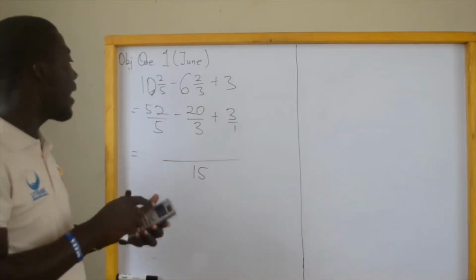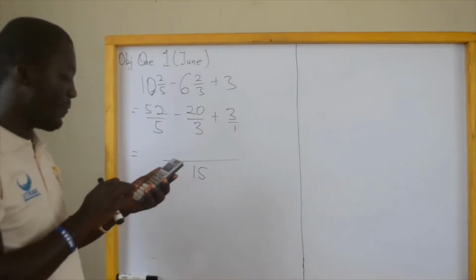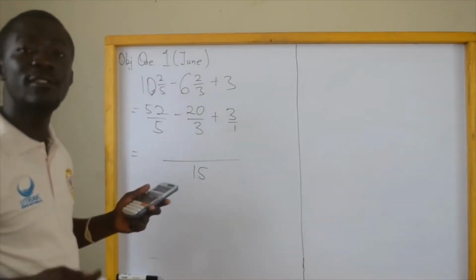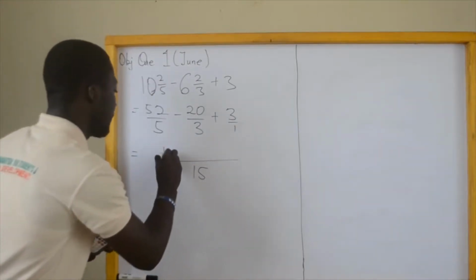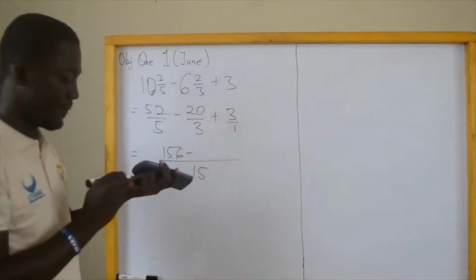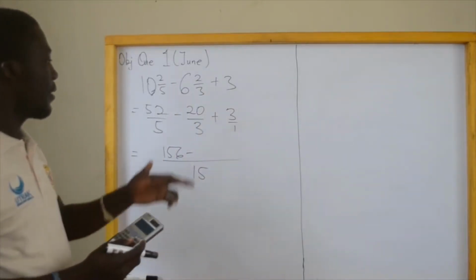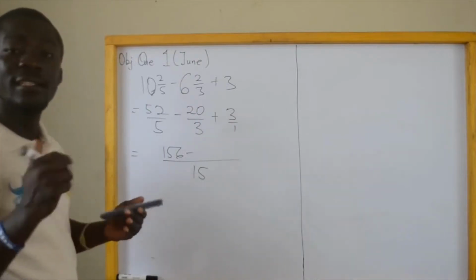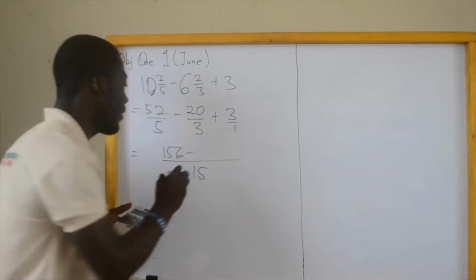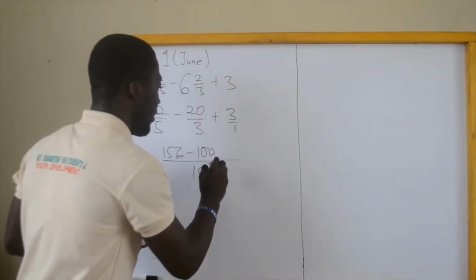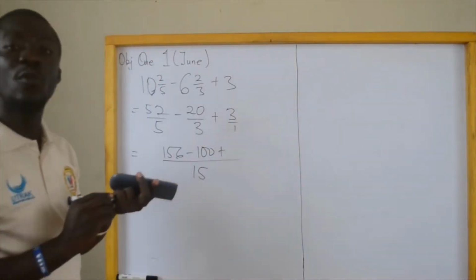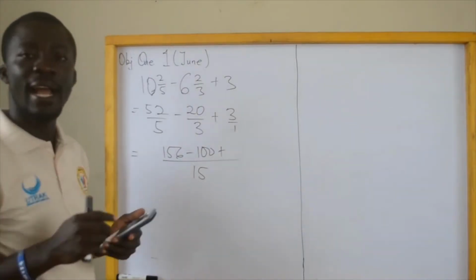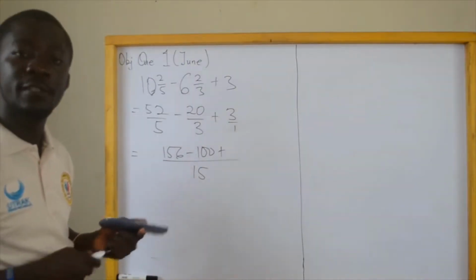When you multiply 3 by 52, we are going to get 156, minus 3 goes into 15, 5. 20 times 5 is 100, plus 1 goes into 15 is 15. 15 times 3 is 45.